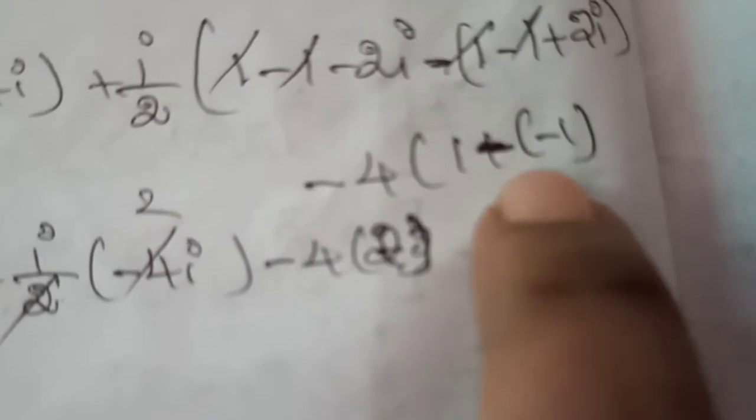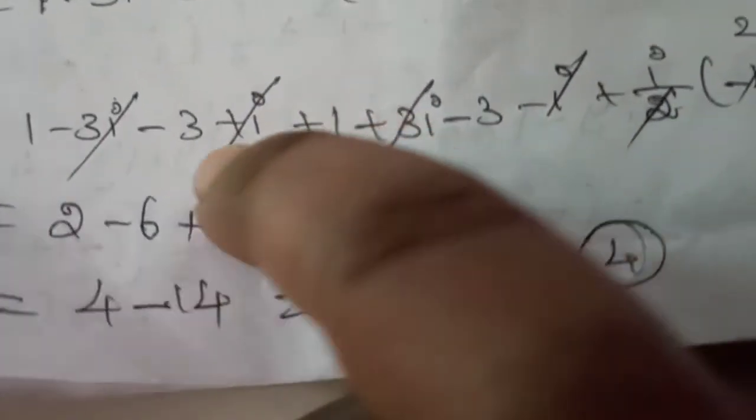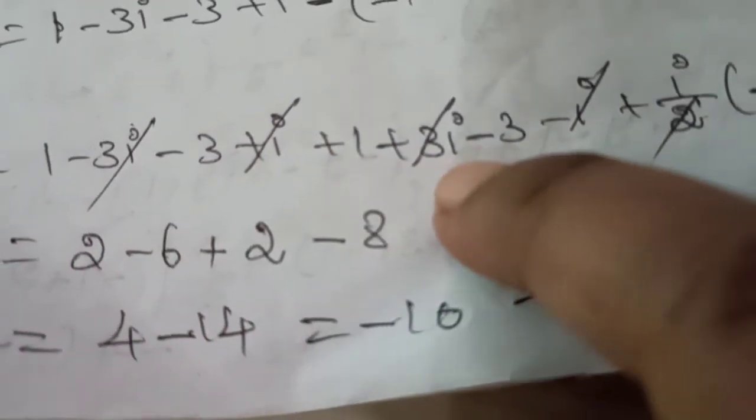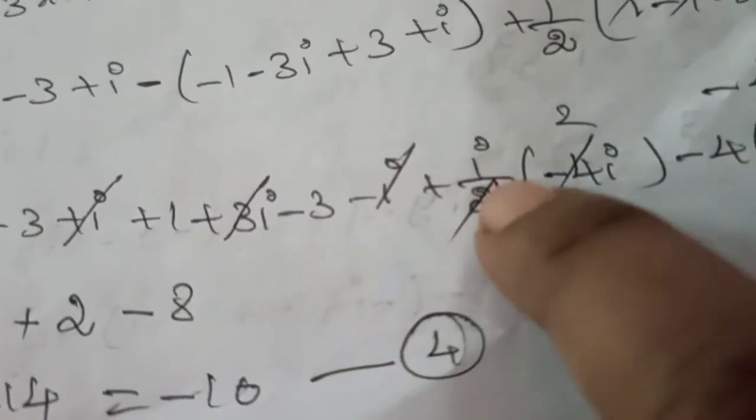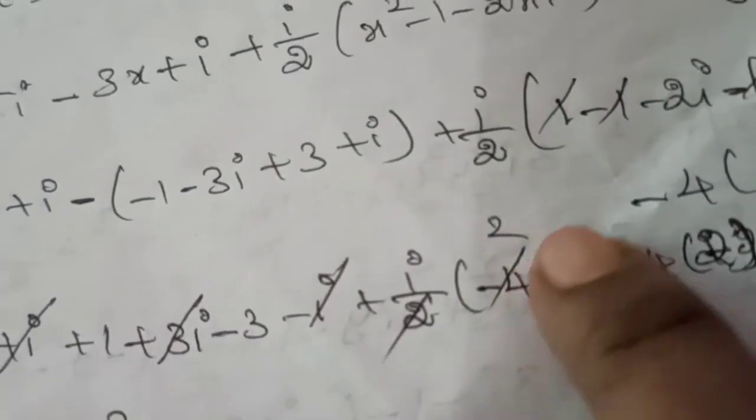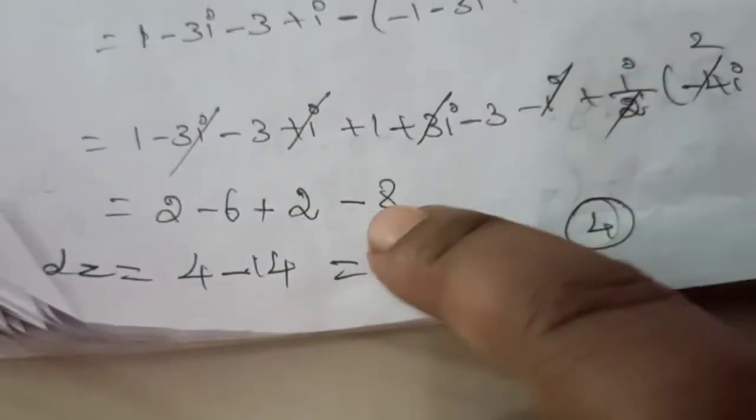Minus 4 into 1 plus 1, so minus 4 into 2. Now simplify: minus 3i and plus 3i cancel, plus i and minus i cancel. Here i by 2 into 2, 2s are 4, simplify this value.